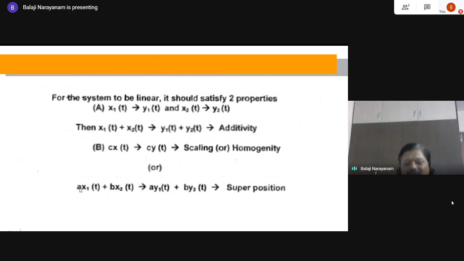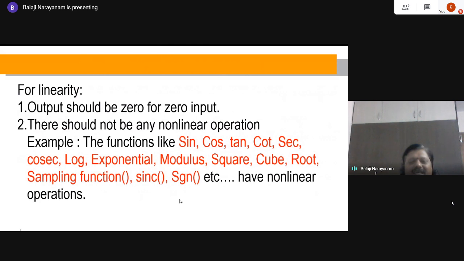So I am multiplying the first input signal with a constant a, and the second input signal with b, and if this signal a x1 of t plus b x2 of t is applied as an input, and it results in a y1 of t plus b y2 of t, then we will say that the superposition principle is satisfied, and we may say that the system is linear.